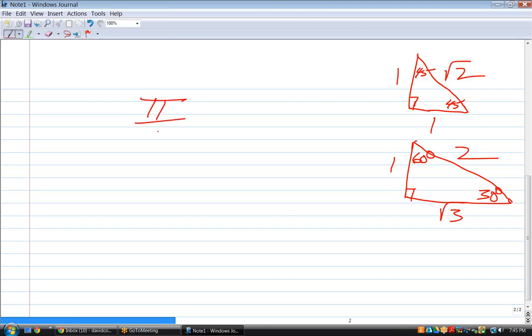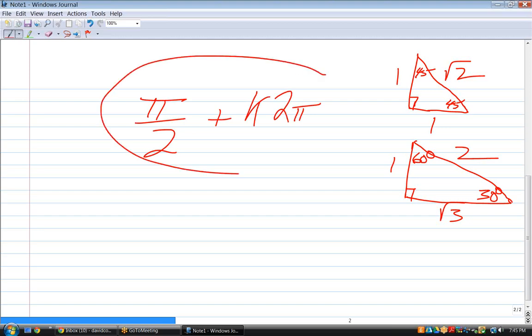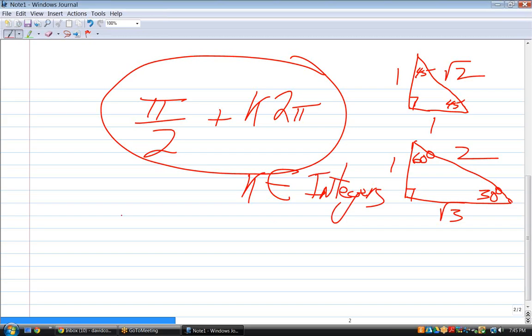answers like this. Have you seen any kind of answer like this? No, we haven't. Okay, because notice what that means, and that means K is a member of the set of all integers. So if our answer was pi over 2, well, K is 0, it's still pi over 2, but when K is 1, we get 5 pi over 2.